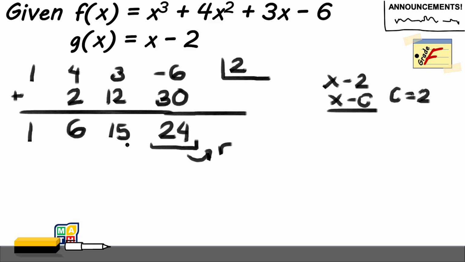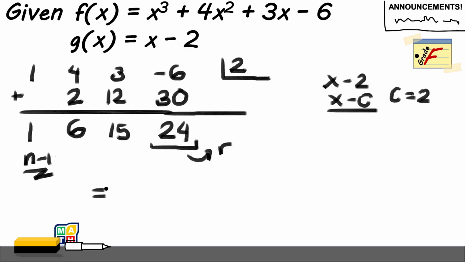These are now the coefficients of your quotient. Take note that the given dividend has the highest degree of 3. That's why it's x cubed. If we're talking about the quotient, this would be n minus 1, talking about the exponents. So if our n is 3 earlier, this would be the coefficient of your x squared.